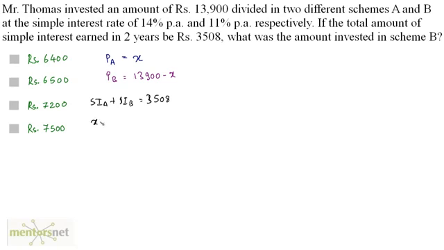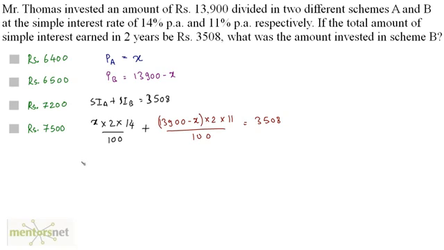Now simple interest from A will be PNR upon 100. P is X times N is 2 years times rate is 14% in scheme A. So 14 upon 100 plus in scheme B the principal is 13,900 minus X times N is again 2 times the rate is 11%. So 11 upon 100 is equal to 3508.